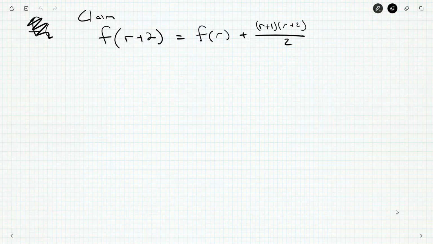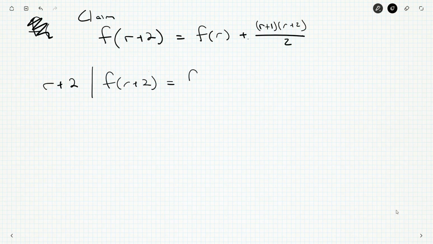How would this show anything? Well, r plus 2 divides f of r plus 2. Well, actually, here we go. Let's stick with that. r plus 2 divides f of r plus 2, which is f of r plus r plus 1, r plus 2 over 2.